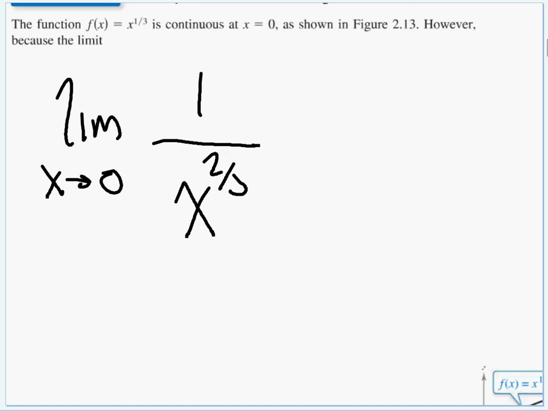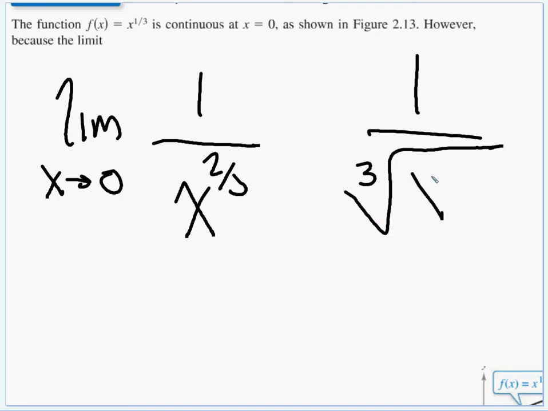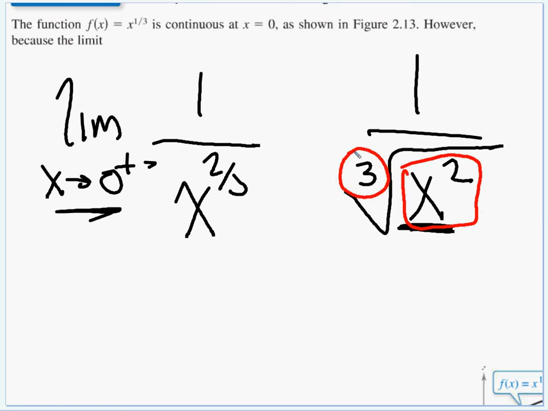So for this one, let me rewrite it as the third root of x squared. Now we could approach 0 from the left, and we can approach 0 from the right to see if they're different. But notice we're letting x approach a number. Here x is squared, so under this radical, it doesn't matter if we're positive or negative. We're going to square it. This is going to be positive. We're going to cube root a positive, so this is going to be a positive denominator.